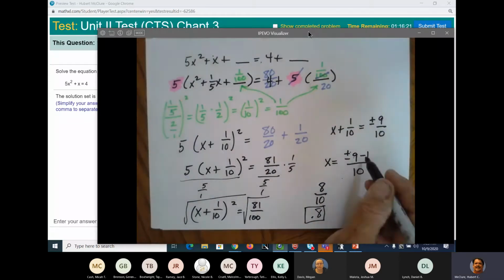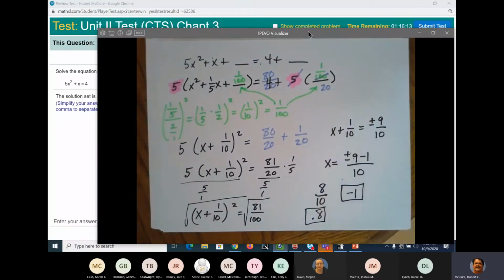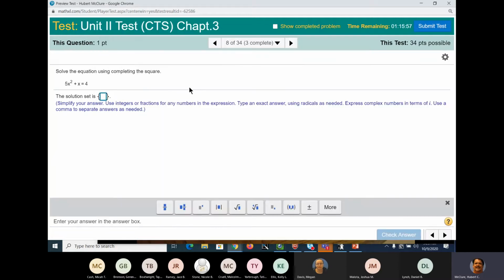Negative 9 minus 1 is negative 10/10, which is -1. So that should be your two x-intercepts. Now, since you don't have a radical, it's not exact, so these are your two answers. 0.8 or -1, comma, 0.8. They might want parentheses around it, but they got braces, so that's it.